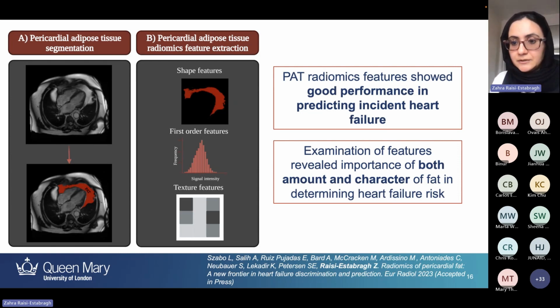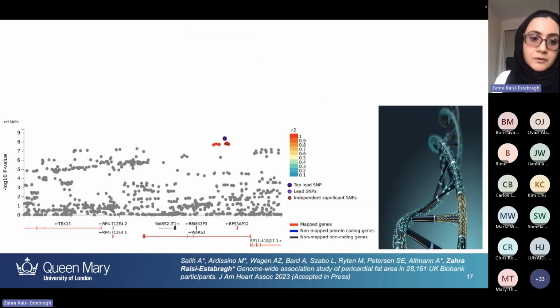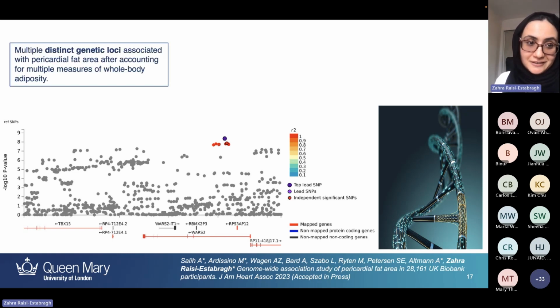And the next thing we wanted to examine was whether there were distinct genetic markers that were determining the proportion of pericardial fat deposition. And in the UK Biobank, there is also genetic data available. And so we performed a GWAS with our newly extracted pericardial adipose tissue phenotype.